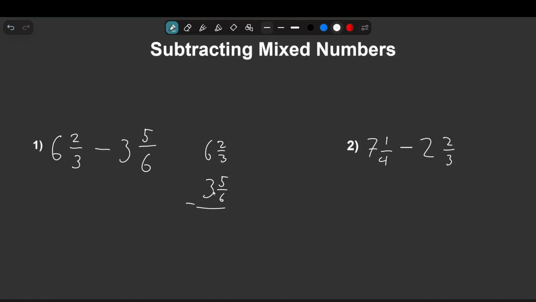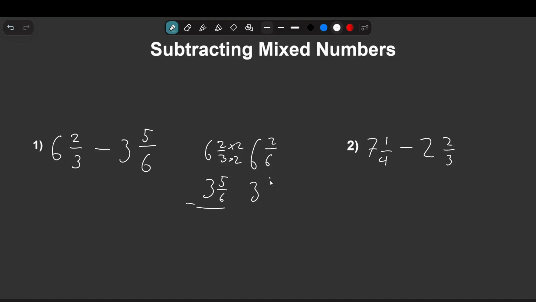As you can see, we already have a 6 right here for the denominator, so we only have to change this one. So we're going to times the 3 by 2, so we get 6. And of course, we have to times the top also by 2.